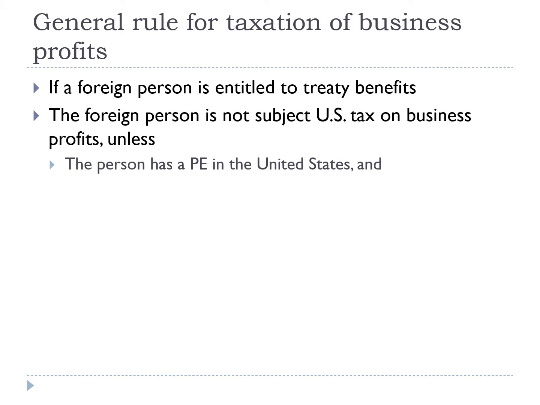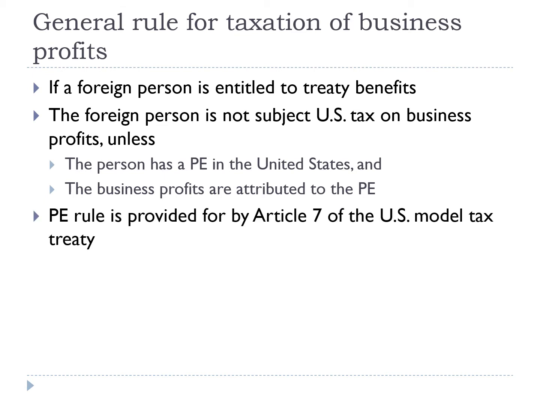The foreign person has a permanent establishment, or PE, in the United States, and the business profits are attributable to that PE. This permanent establishment rule is provided by Article 7 of the U.S. Model Tax Treaty.